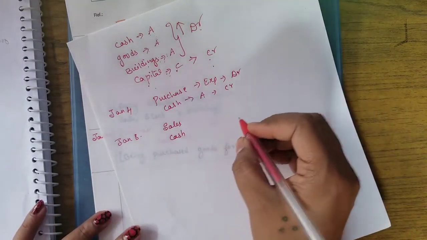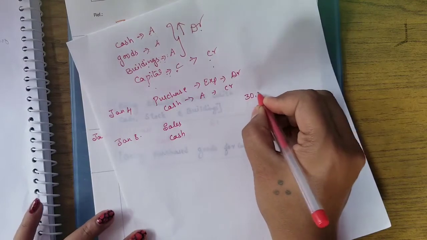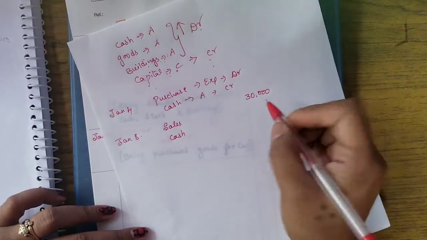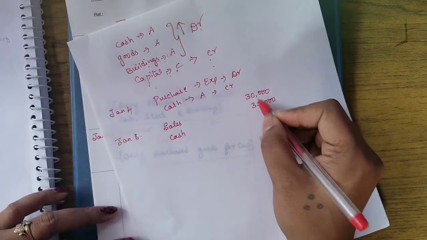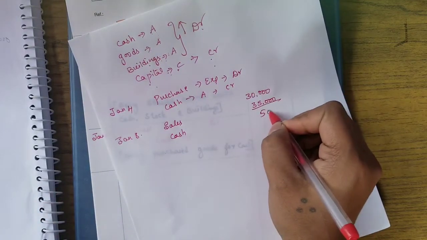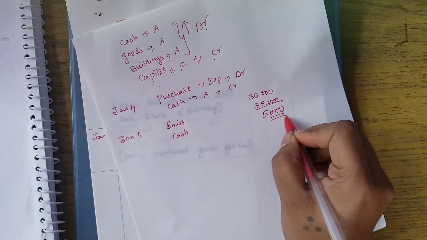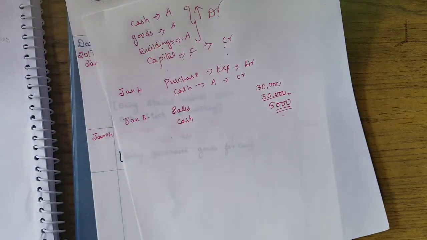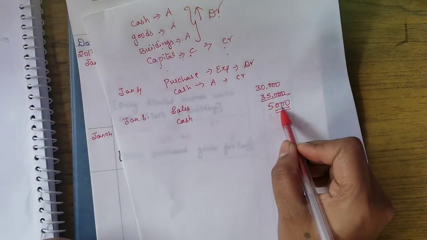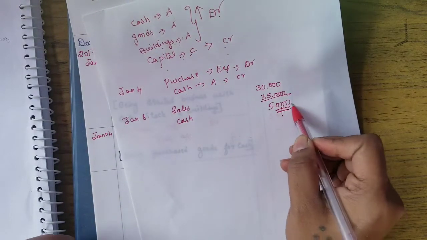The actual cost of goods is 30,000, but they are selling for 35,000. What is the difference here? 5,000 is the difference. Are you getting an extra amount or losing an extra amount? We are receiving an extra 5,000, that is profit.